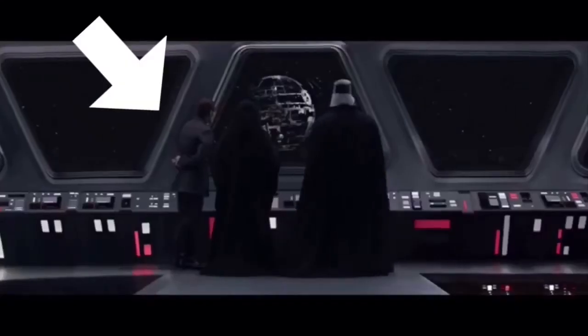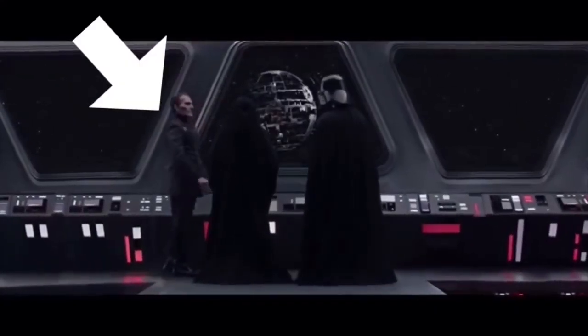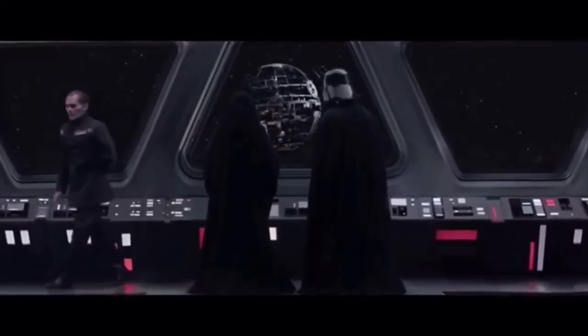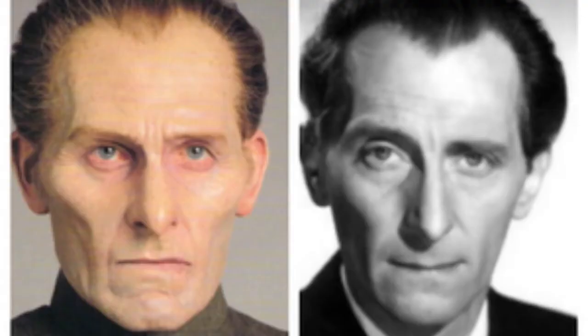Here, look, this is where he was. And now that I looked at a compilation of the young Peter Cushing and the man in the makeup, it's almost incredible how they got that result without any CGI.